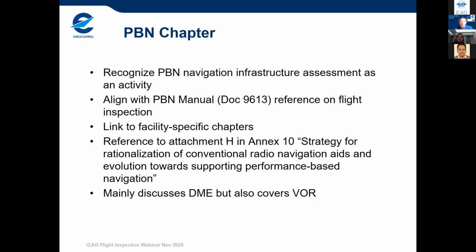We did introduce in Annex 10 the new attachment H, which is the strategy for rationalization of conventional radio nav aids and evolution towards supporting performance-based navigation. That is a strategy that matches the attachment B strategy on landing systems. And so that whole new PBN context is discussed in this somewhat short chapter there.